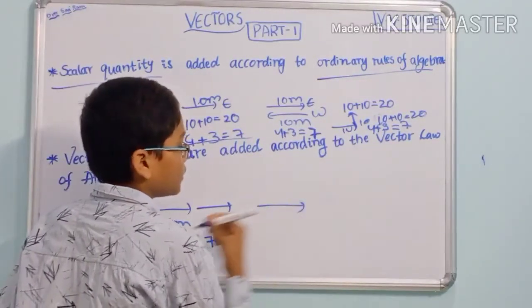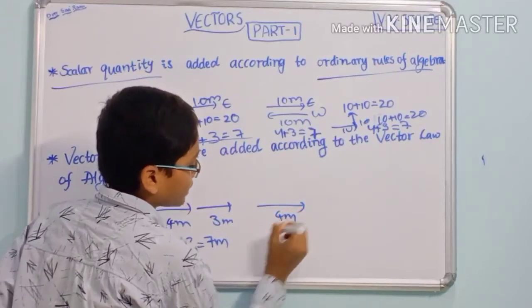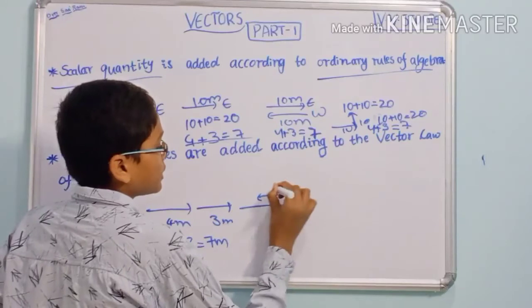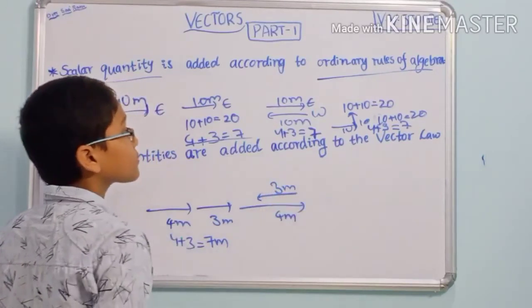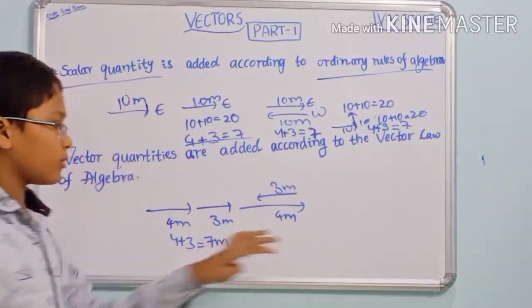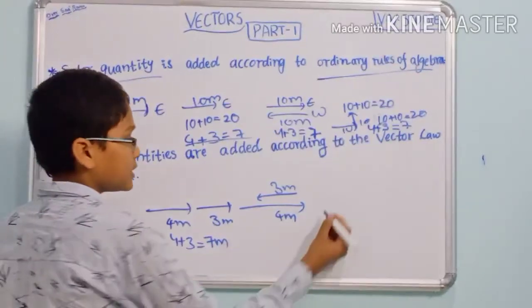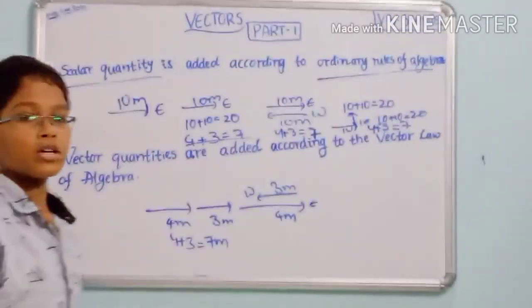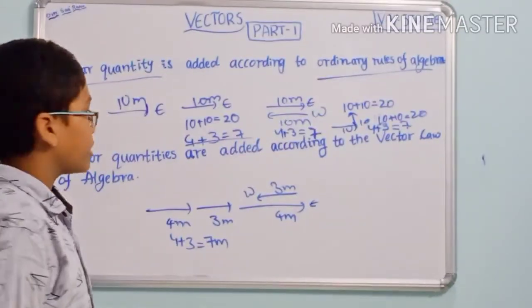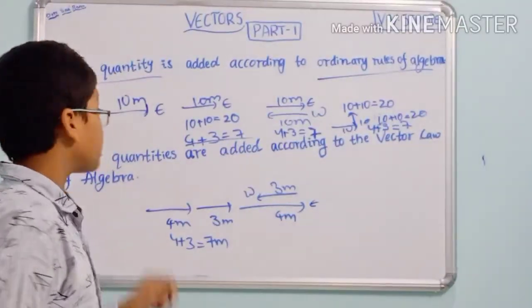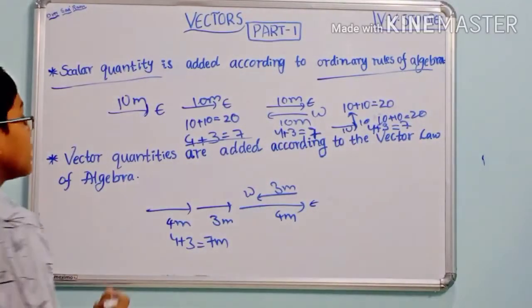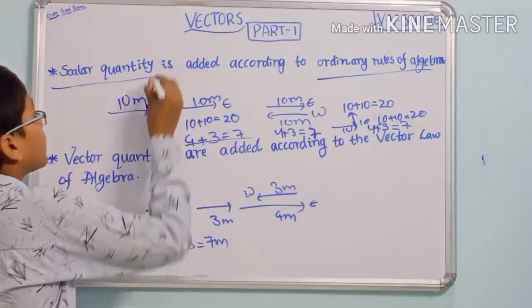Now if you travel 4 meters eastwards and come back 3 meters westwards, what is the displacement? We should not say distance, because distance is a scalar quantity. Displacement is a vector quantity. Understood?